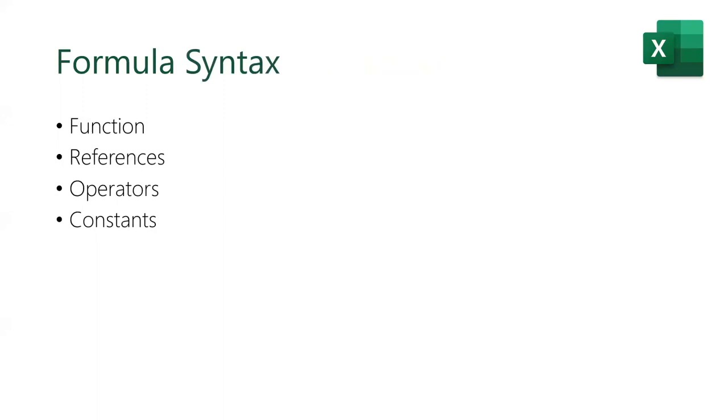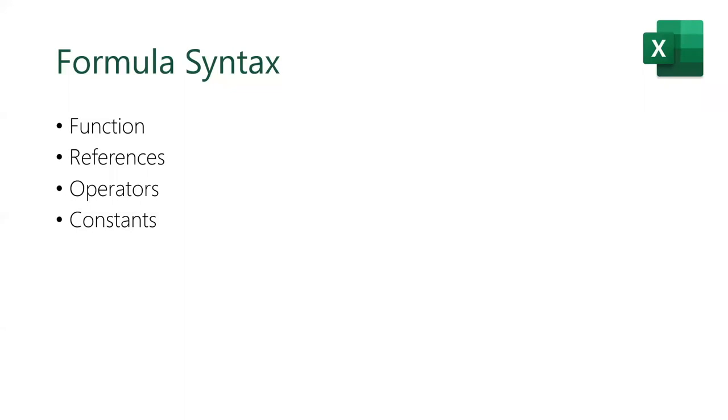Now, we'll start today by taking a deeper look at what goes into a formula. So what is the syntax? What's the structure of a formula? A formula can have a couple of different things. One, it may or it may not have a function.